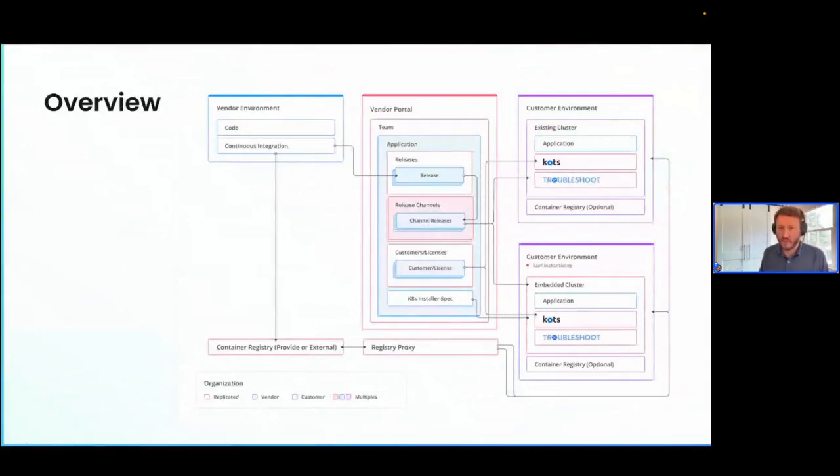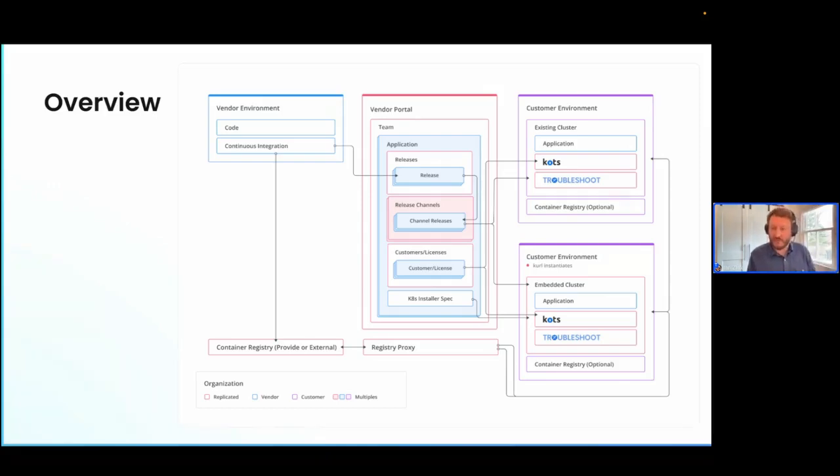So this is an overview to frame up what we're going to talk about throughout the rest of the model. This is what Replicated's architecture looks like in relation to a vendor and the customers. You have code, you have continuous integration, it's generating releases. Those releases live in an application, those applications live in a team, they live in the vendor portal, they get promoted to a release channel.